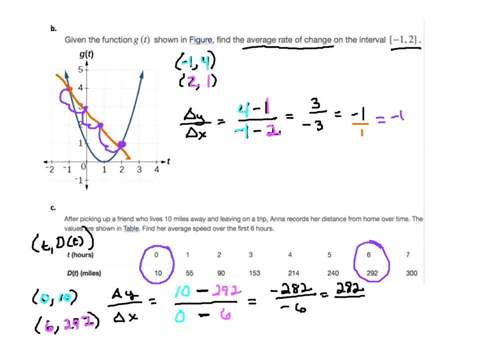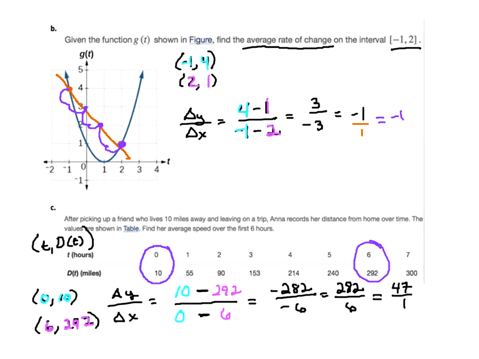Those are both negative, so that comes out positive. Now, before we reduce this, what this says is every 6 hours, she had traveled 282 more miles. So I'm going to divide now 282 divided by 6 to get the hourly change.